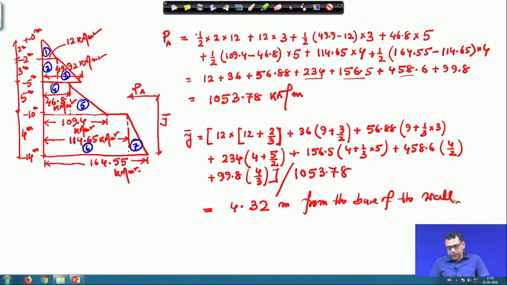Okay. So, this is equal to 4.32 meter. So, this way we can calculate the point of application as well as the total force. Okay. So, now I have solved this 3 layer problem, where the 3 layers are c-phi soil.